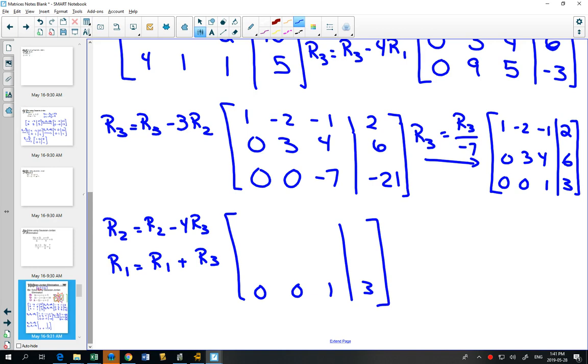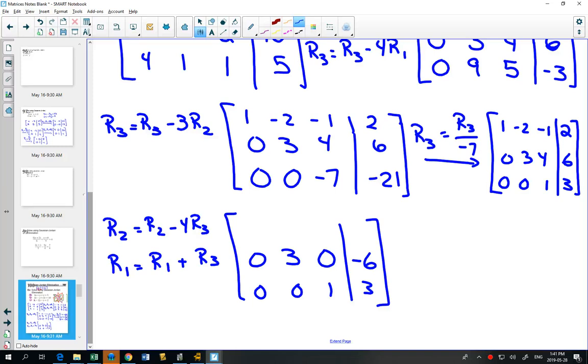Row 3 doesn't change. Row 2, what changes is I'm going to take row 2 minus, this will still be a 3. 4 minus this will become a 0. And now we'll have 6 minus 12. No, 6. Yeah. 6 minus 12, negative 6.